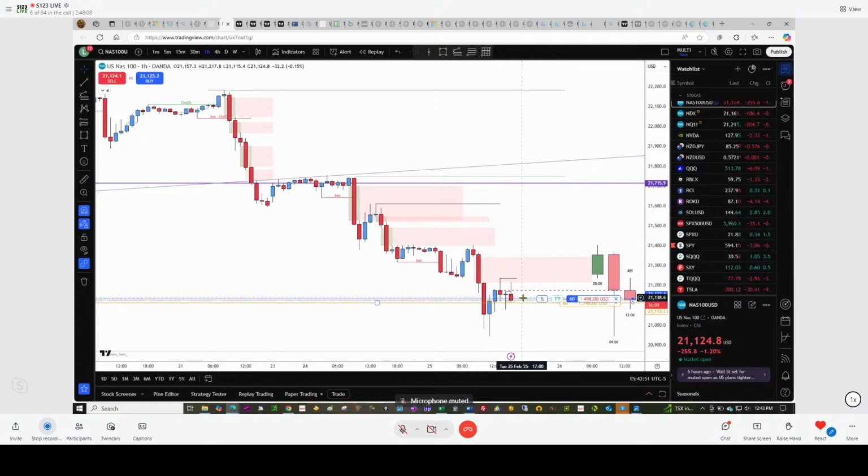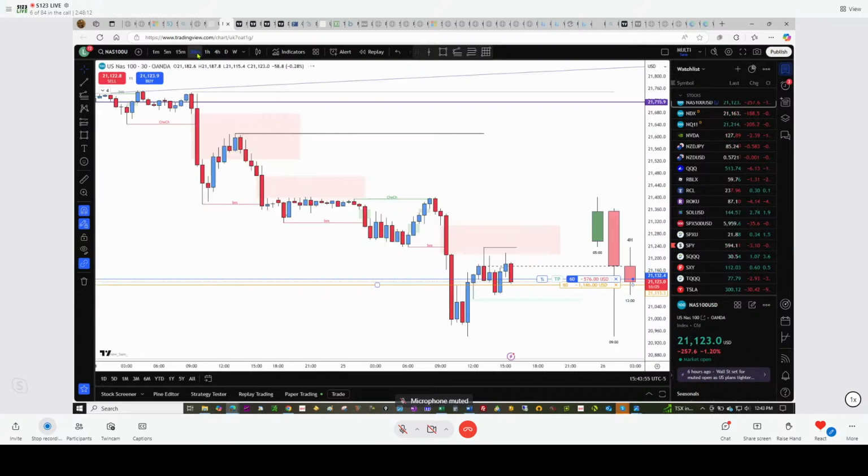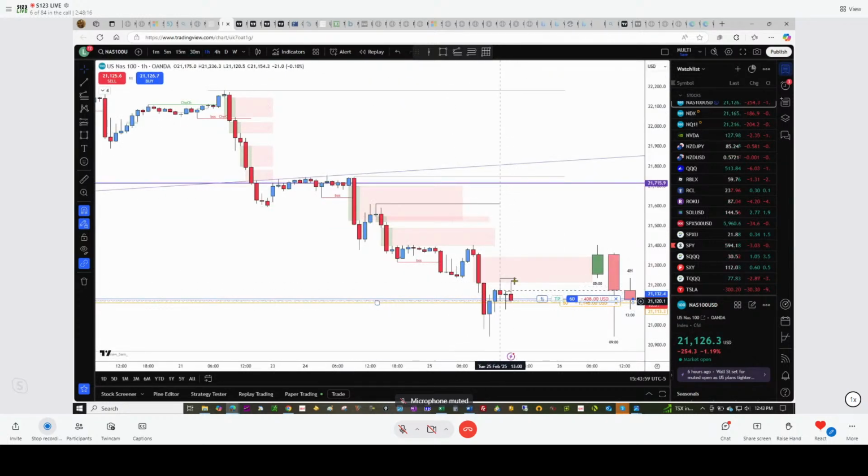You've got that indecision candle on the 4 hour. Even down to the hourly here, it's a bit indecisive. We could fall. They could be rather mean and take out this low still on the hourly there. If they do that, it's possible that they could go and take out the low again.